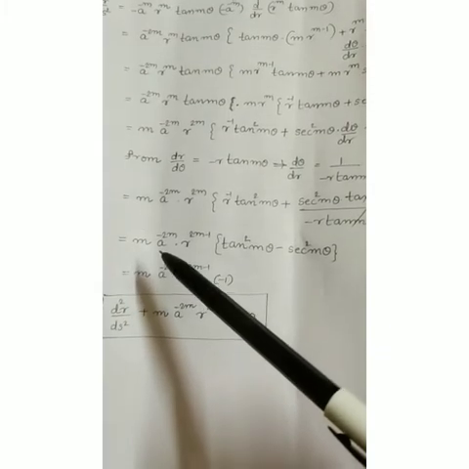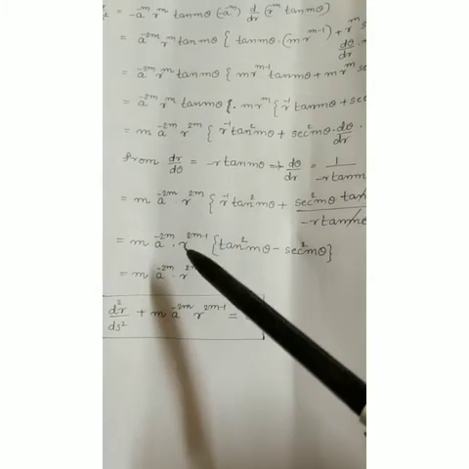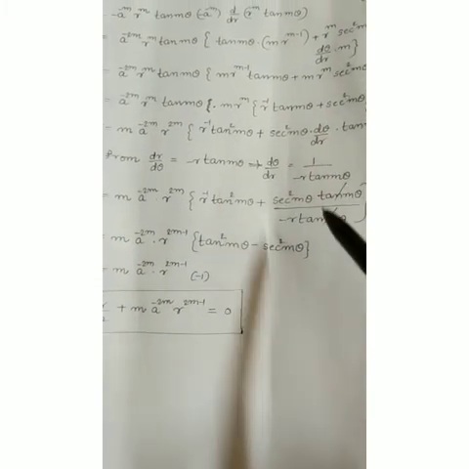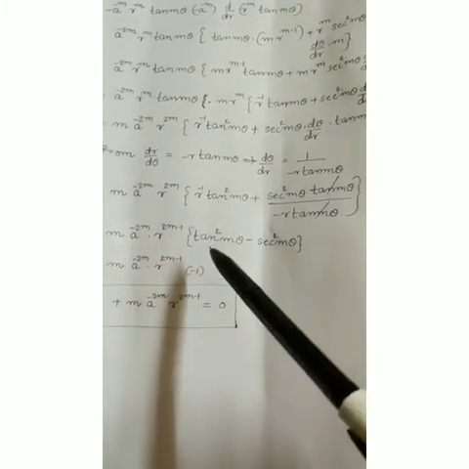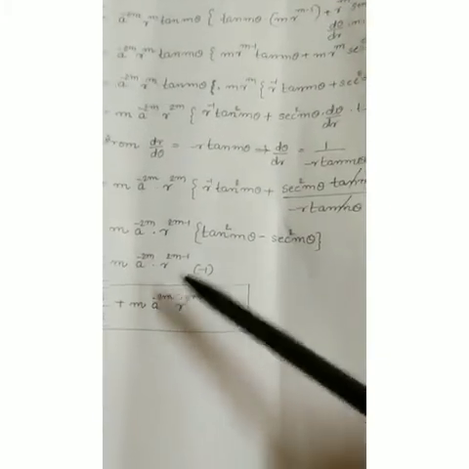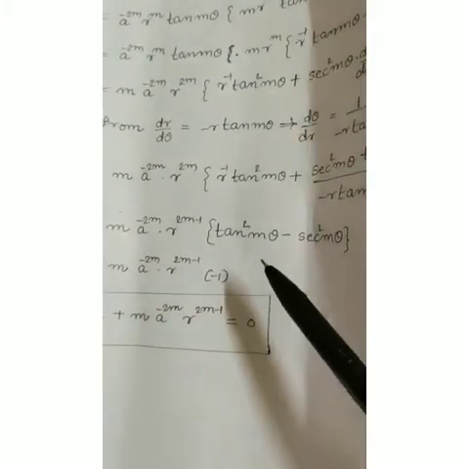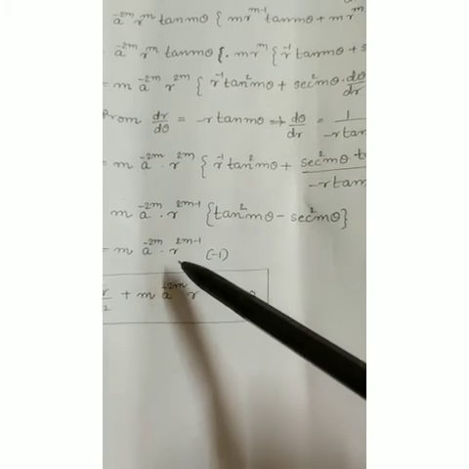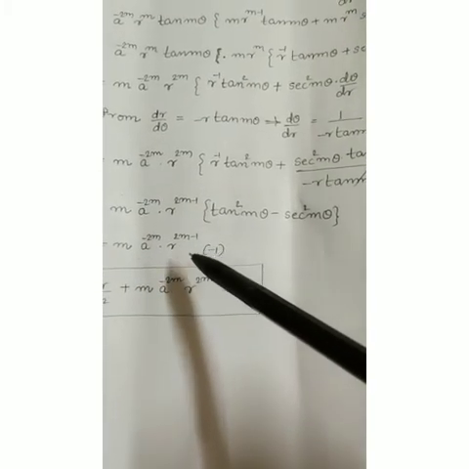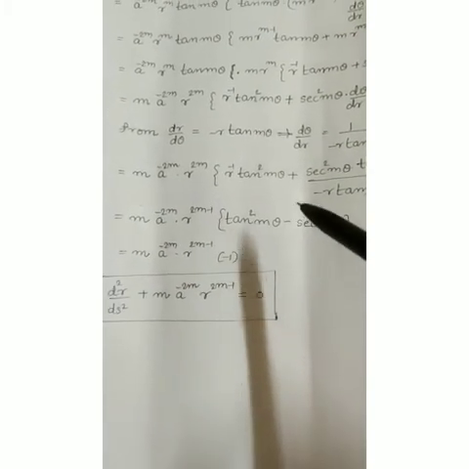M into a to the power of minus 2m into r to the power of 2m minus 1, taking r to the power of minus 1 common. So that is r to the power of 2m minus 1 into tan square m theta, here minus secant square m theta. We know from trigonometry that tan square theta minus secant square theta is minus 1. So m into a to the power of minus 2m into r to the power of 2m minus 1 into this value, which is minus 1.